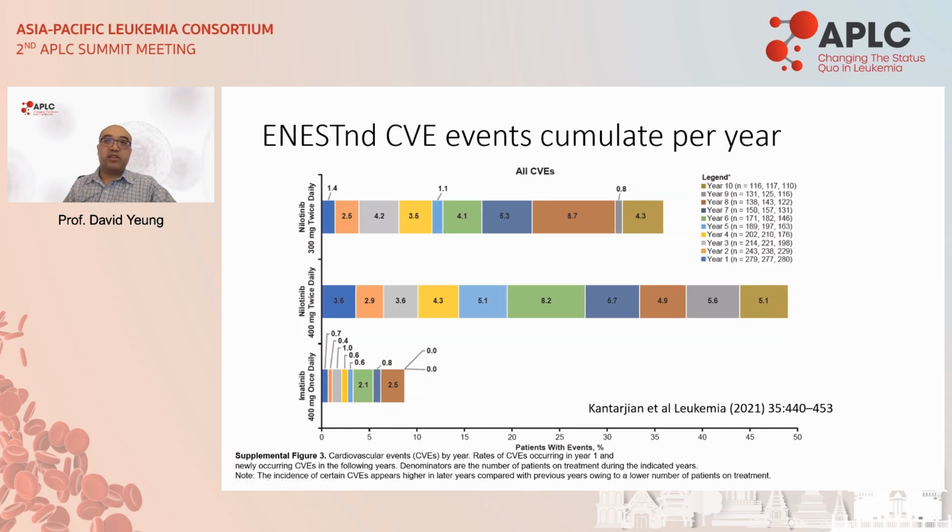And you'll see that there is a dose and duration of treatment dependent correlation between nilotinib and cardiovascular events. And you'll see that the rates don't actually change very much as patients have additional years of treatment. It's about 3 to 5% per year, and for the 300 milligrams twice a day it is a bit lower than the 400 milligrams twice a day. And the comparison to imatinib is quite significant.